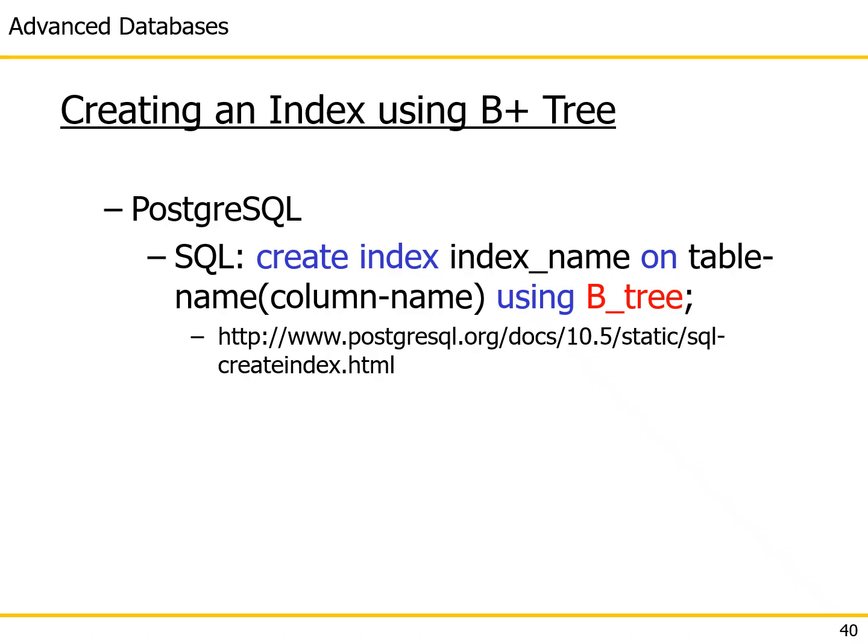Now this is Postgres's way of doing it. Microsoft would do it differently in SQL Server. Why? Because again, it's not part of the SQL standard to specify the index type. So every database engine would do it in a slightly different syntax. Okay?